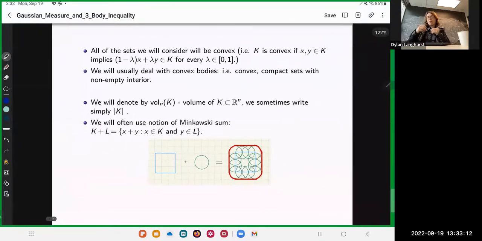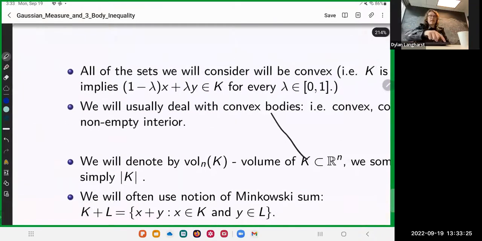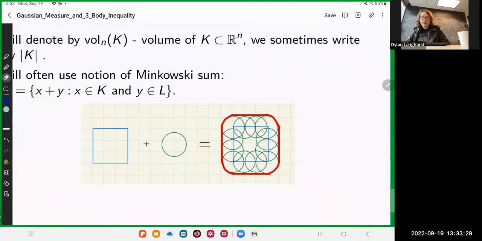Now we're working towards the classical example, maybe the original reason why they studied this. If I have a square and I add a circle, I get this curvy square.